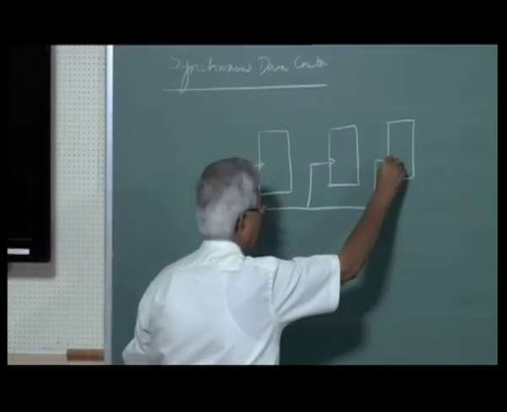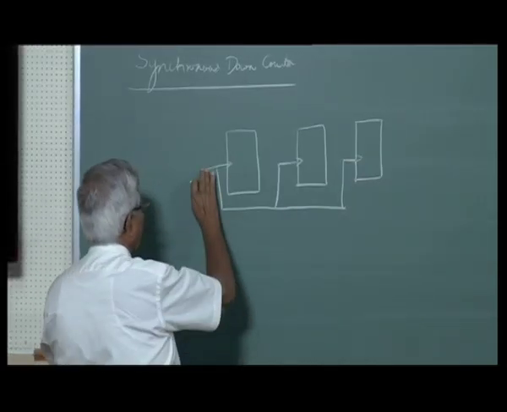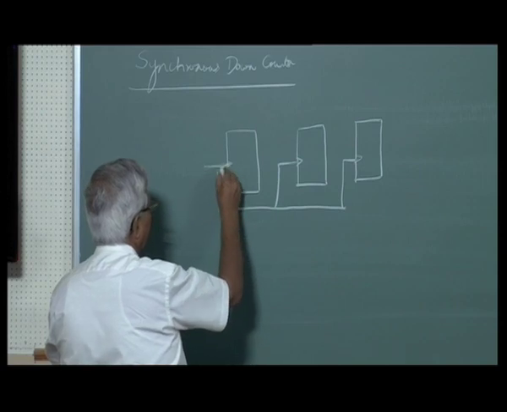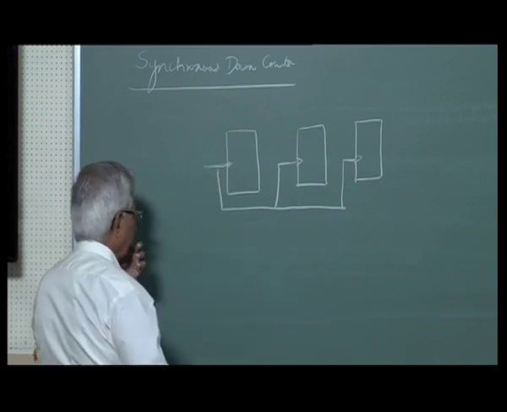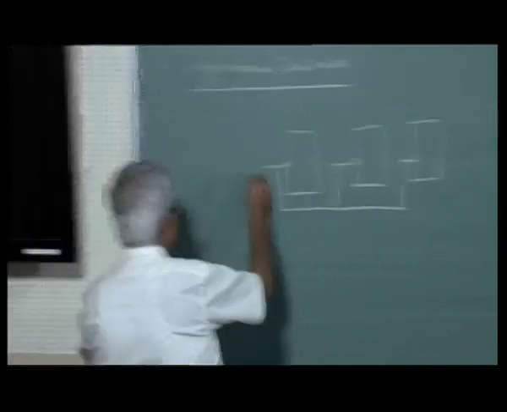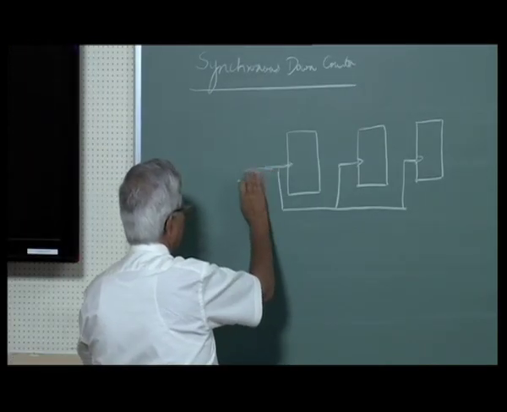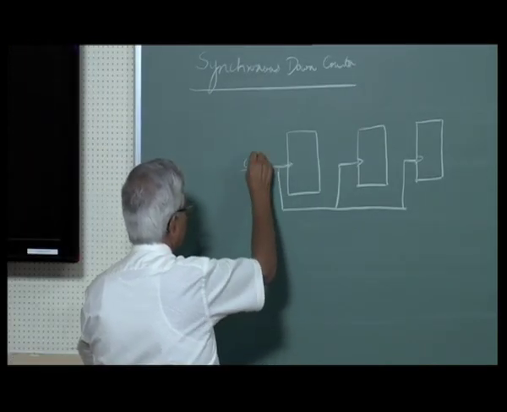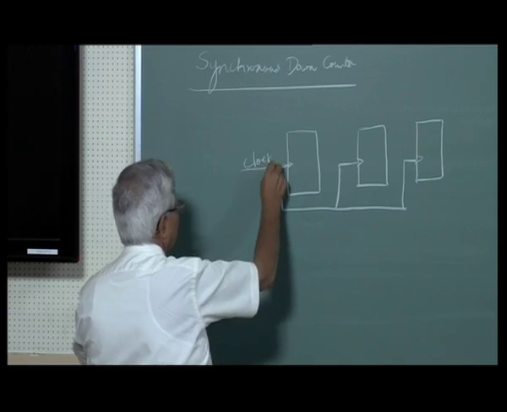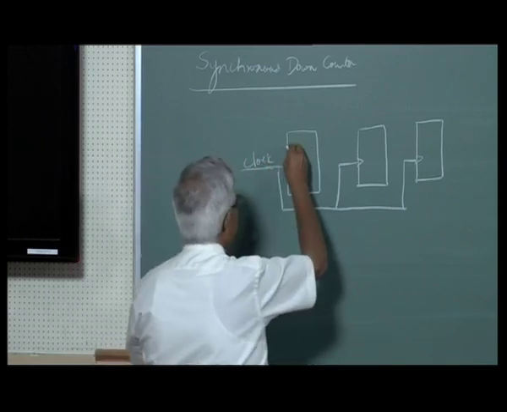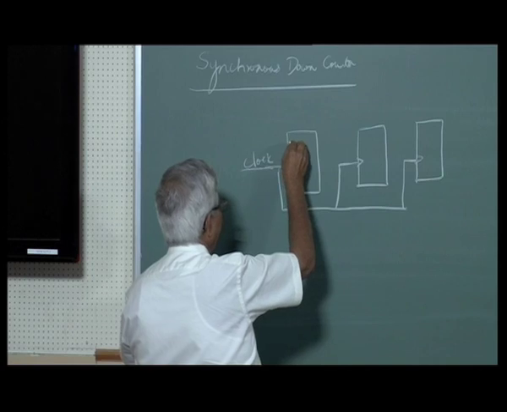So, every time the clock is applied, goes from 0 to 1, clocks of all the flip flops go from 0 to 1. This is the clock. We will call it ABC. We will have JK flip flops again.